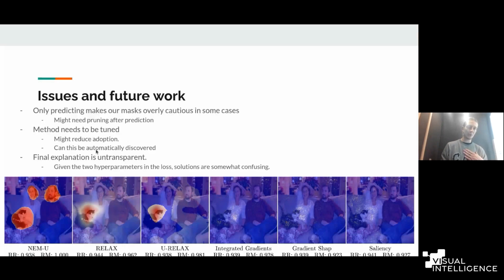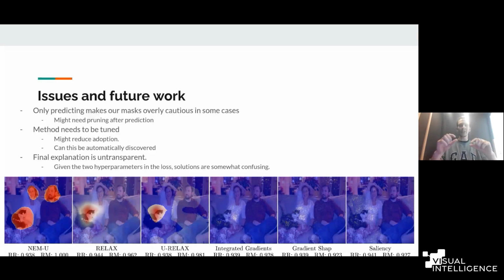Then there are some of my personal pet peeves. One, the models still need to be tuned. We have tried it on some other data sets, and we found that we had to find vastly different hyperparameters to make this work compared to the ones we use in this study. Maybe we can automatically discover those though. And then, a little bit more philosophical pet peeve: I think sometimes the explanation is a little bit untransparent, meaning that we have this trade-off between masking, being close in latent space, and unbinary masks.